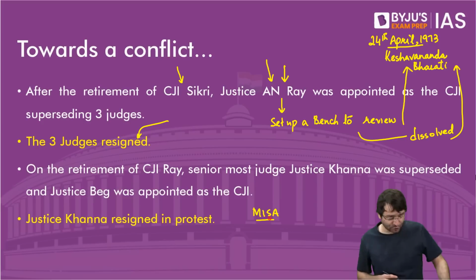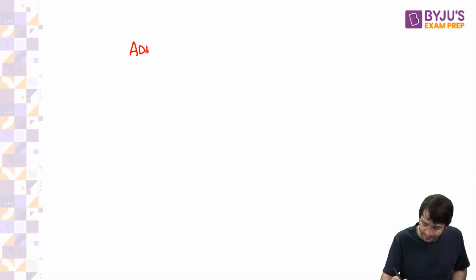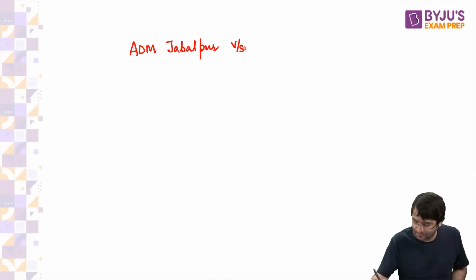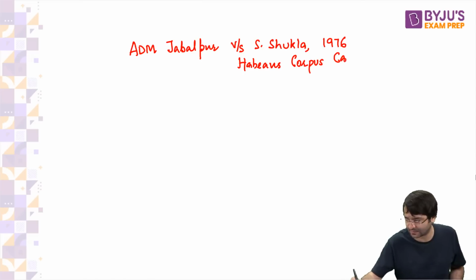The matter before the court was ADM Jabalpur versus Shivakant Shukla, 1976. This is also known as the habeas corpus case.